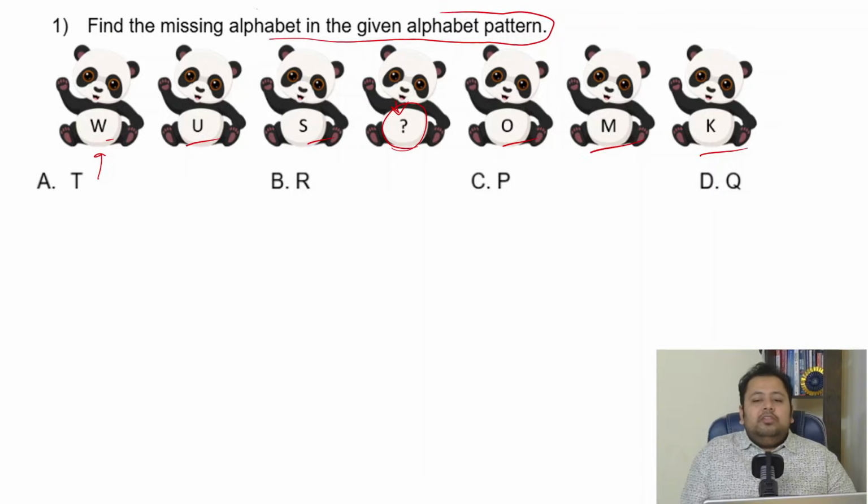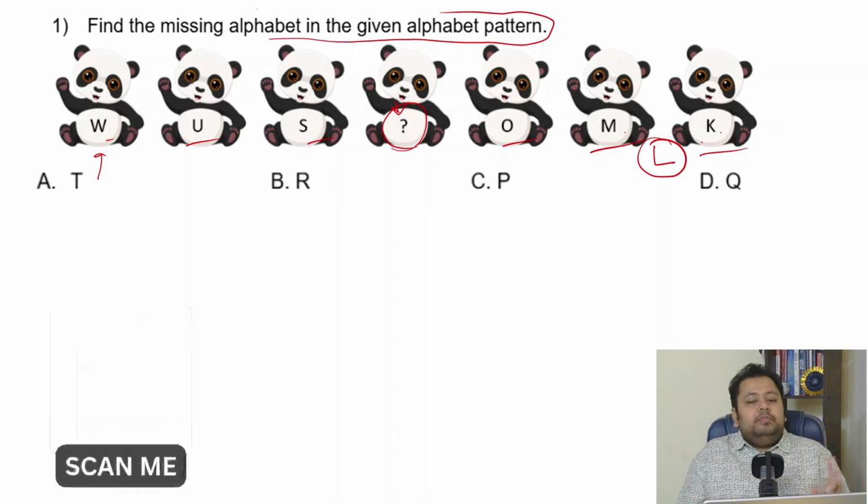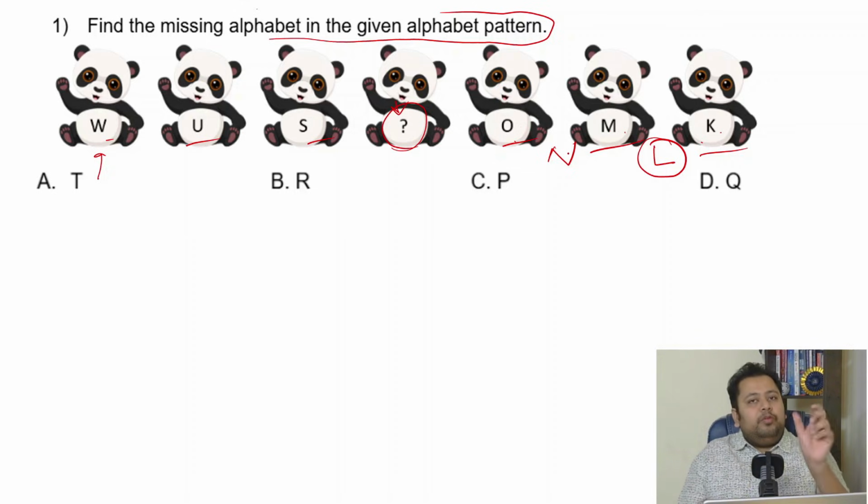Great. I think that was an easy one. If you just start from this side, we know A, B, C, D. If we go A, B, C, D, E, F, G, H, I, J, K, L, M, there is an L in between which is missing, but K and then M. So this is an alternate kind of pattern wherein after K, one letter is missed, and then that is M. After M, there is N, N is missing, and then we have O. Then, if one letter is being missed between the two, obviously after O, P will be missed, and then this will be Q. So option number D is your correct answer.